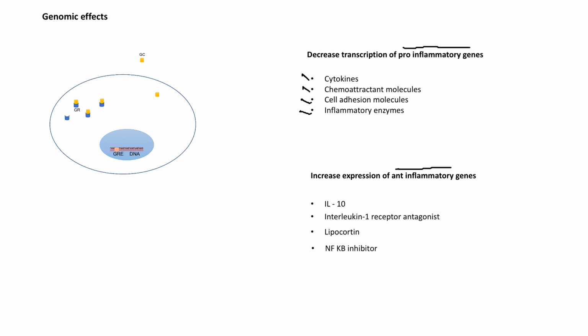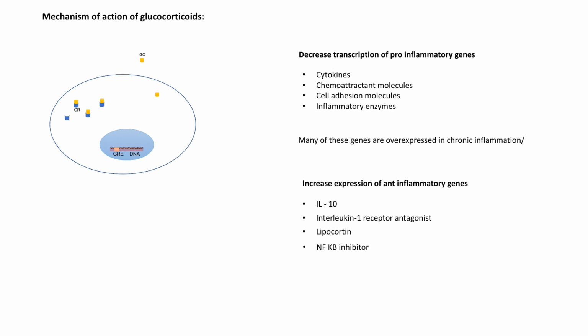These are genes for IL-10, lipocortin, NF-kappa B inhibitor. So combination of decreased transcription of pro-inflammatory genes and increased transcription of anti-inflammatory gene contributes to anti-inflammatory effects of glucocorticoids. Many of these genes are overexpressed in chronic inflammatory conditions, so treatment with glucocorticoids provide adequate anti-inflammatory effects.